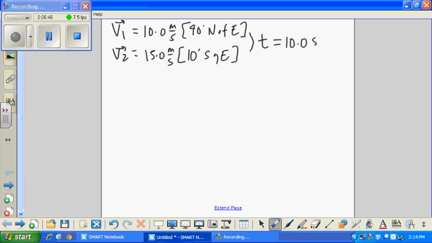So this object accelerates from 10 meters per second, 40 degrees north of east, to 15 meters per second, 10 degrees south of east in 10 seconds.